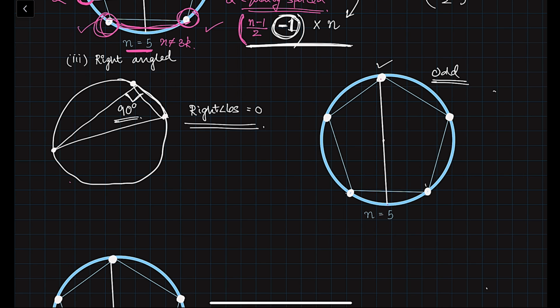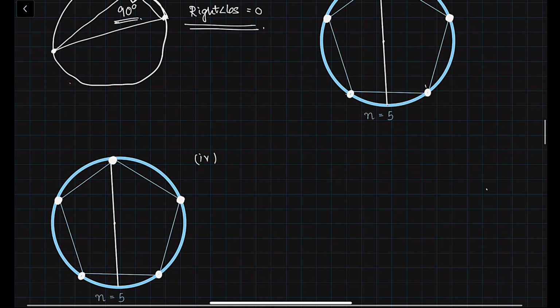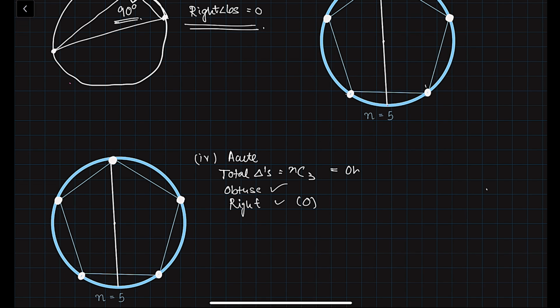Okay? Now, moving to the last case, which is finding the number of acute angle triangles. We have found the total number of triangles, which is nC3. We have found the number of obtuse angle triangles. We have found the number of right angle triangles, which is 0 in this case. So total triangles equals obtuse plus right plus acute.